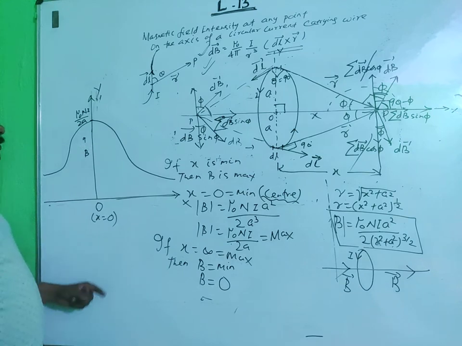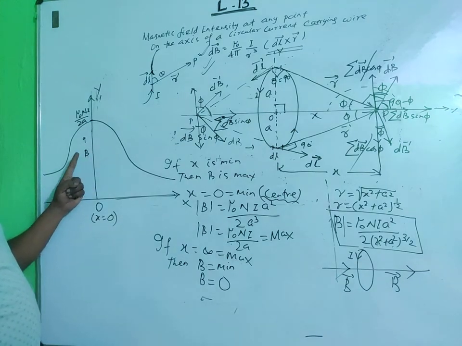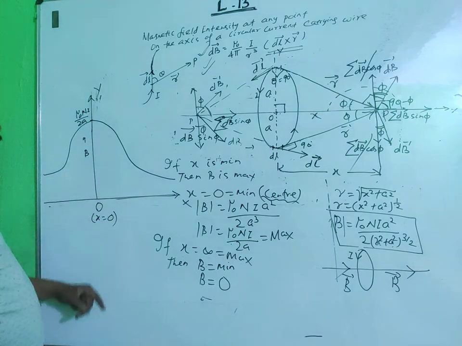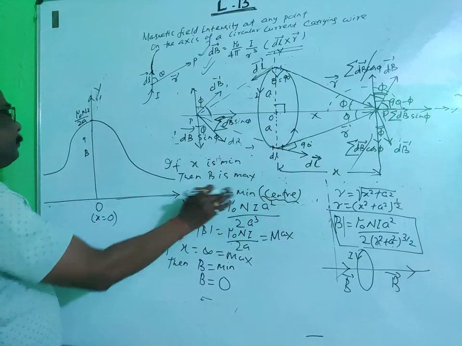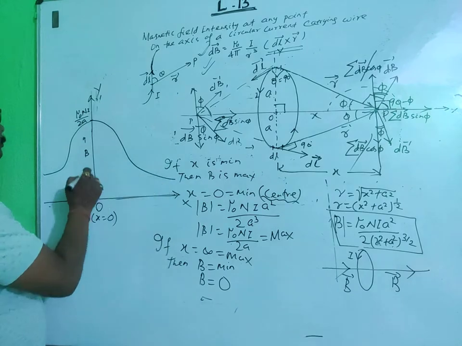This is the variation of magnitude of magnetic field with distance. At the center x is 0, and as x tends to infinity, the magnetic field tends to 0.